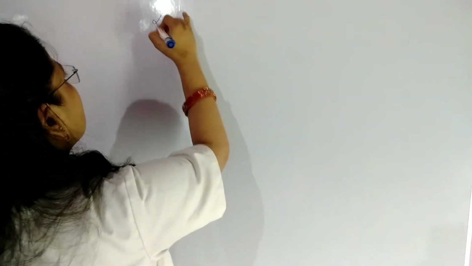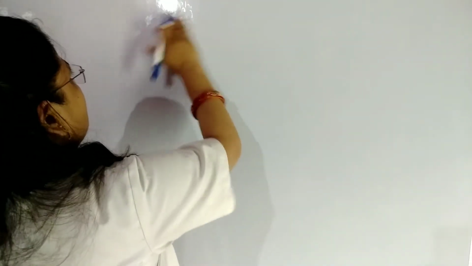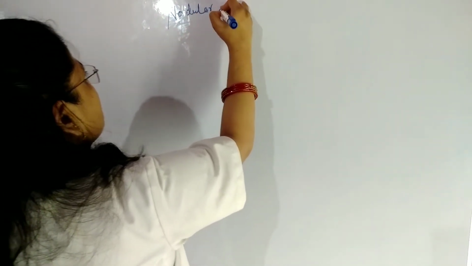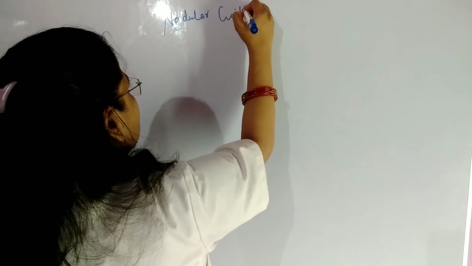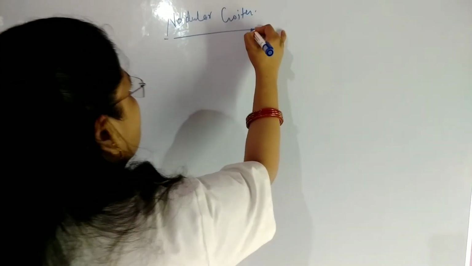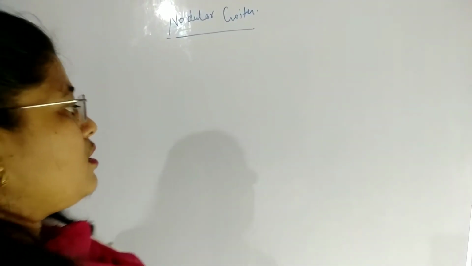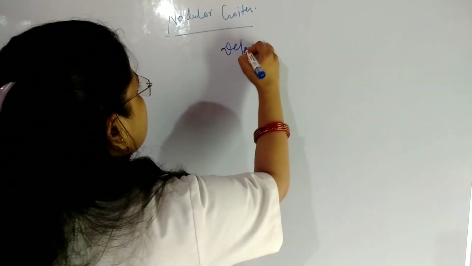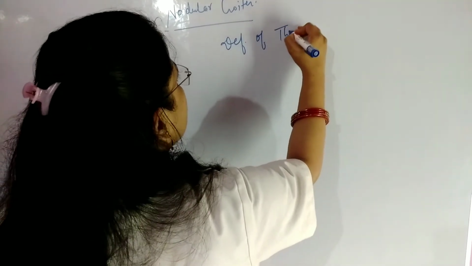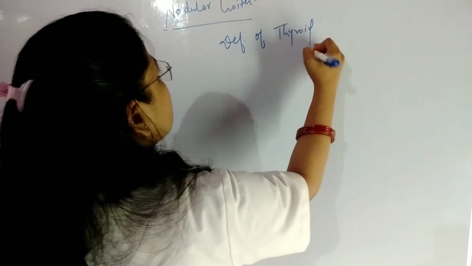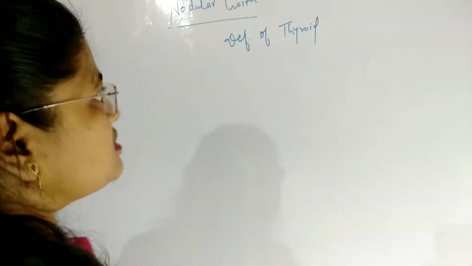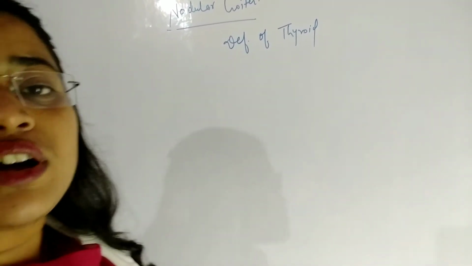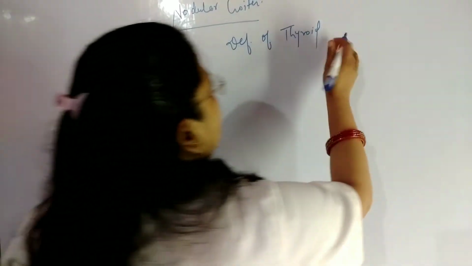Nodular goiter is produced due to deficiency of thyroid hormones, because this step is the first step towards formation of goiter, whether nodular or diffuse.